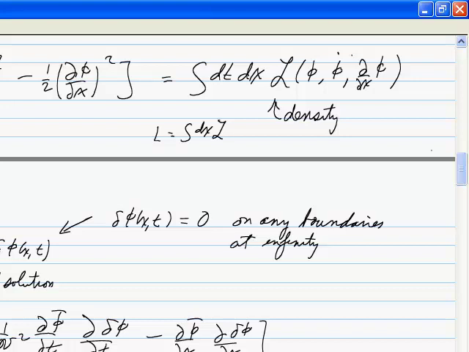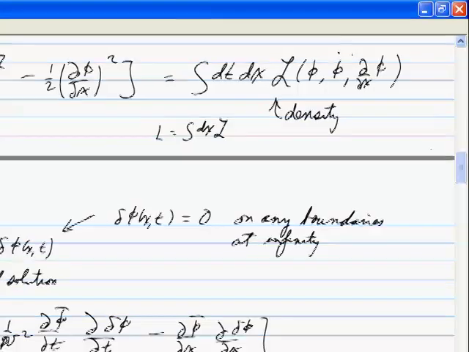The surface term is 0 by this assumption here. It's either at infinity and you set everything to 0, or on the boundaries, the time boundary or the spatial boundaries. Doesn't matter. Likewise, this one you flip over onto the other side also.